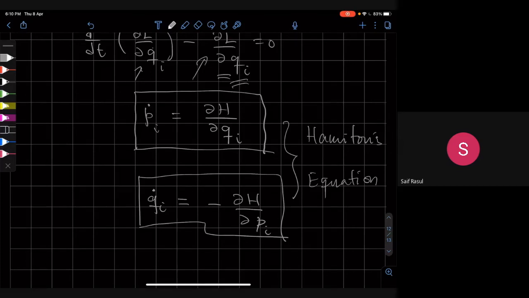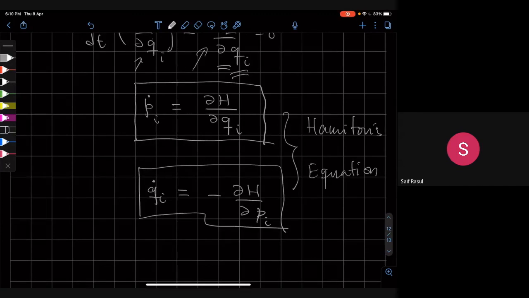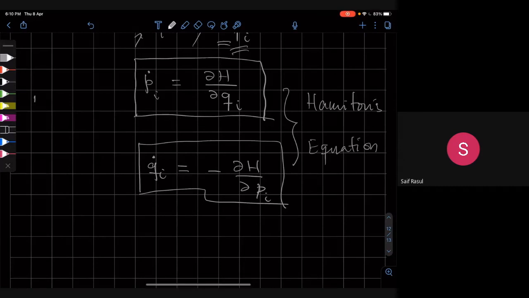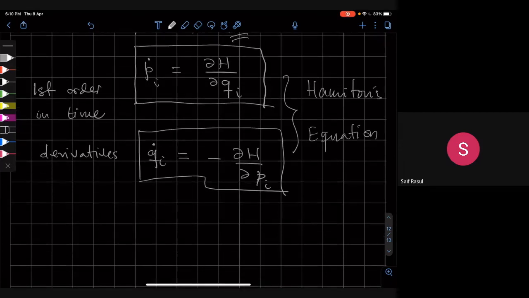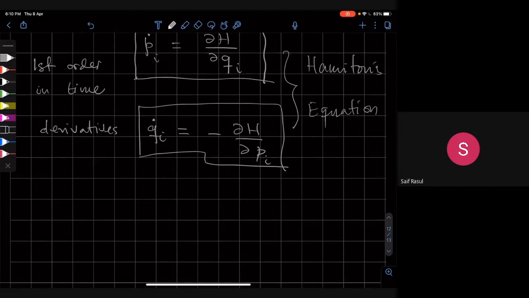Okay, so there are some comments that one should make about Hamilton's equations. The first one is that they are both first order in time derivative. And what is happening here is that we are treating the coordinates qi and the momenta pi on equal footing. They are almost symmetric, right?